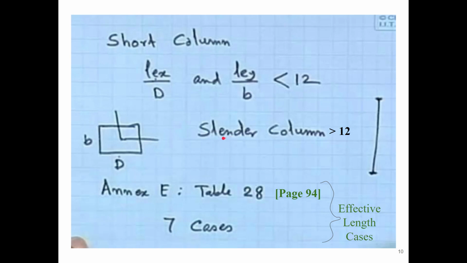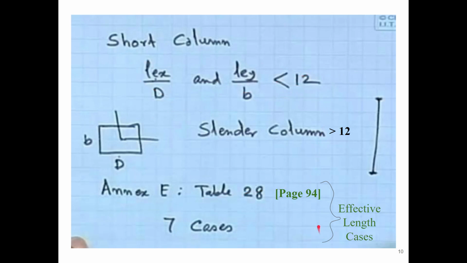Medium columns will have values in between, I think 12 to 120 or something like that, and long columns have the L by B or D ratio more than that, about greater than 120 or 150, something like that. But we don't need that much detail. We just need to have an idea what a short column is.